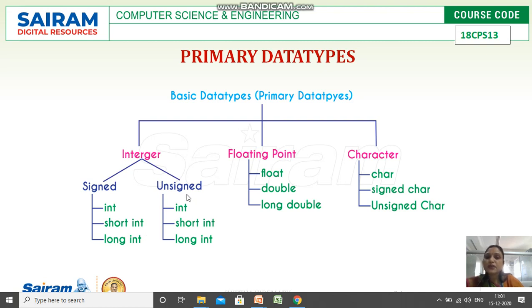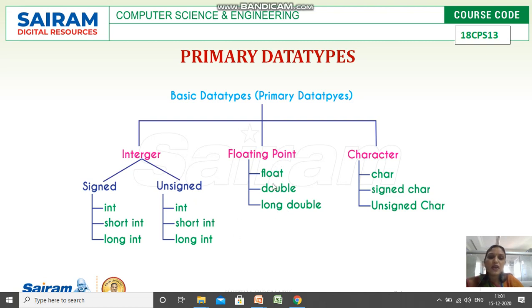Similarly, unsigned means without any sign, it will not be mentioned whether it is a positive or negative number. There also we have int, short int, and long int. Signed means we have positive and negative numbers, and they are also declared as int, short int, and long int. Floating point numbers are again of 3 different types: float, double, and long double.